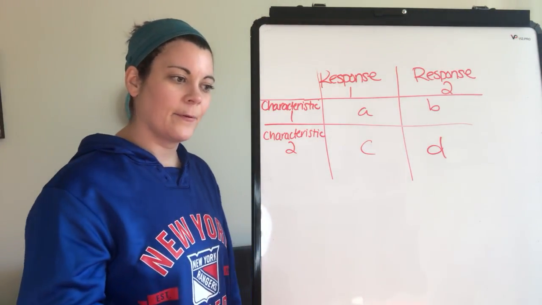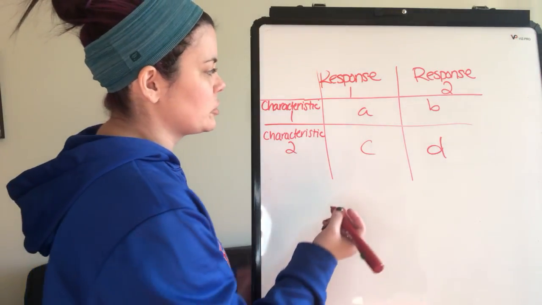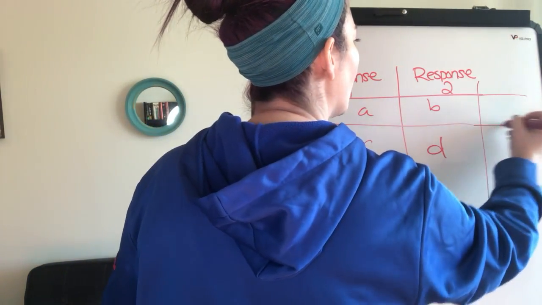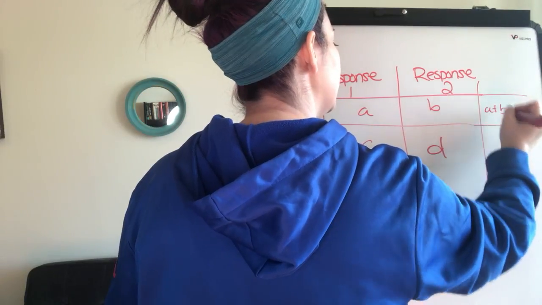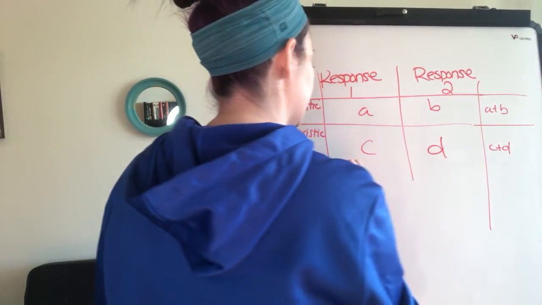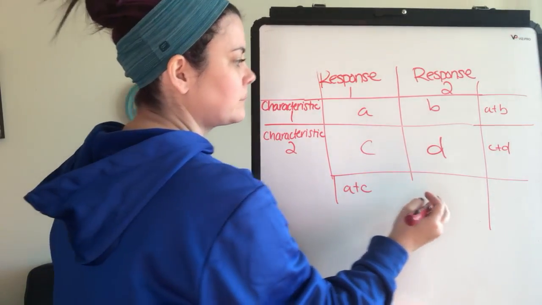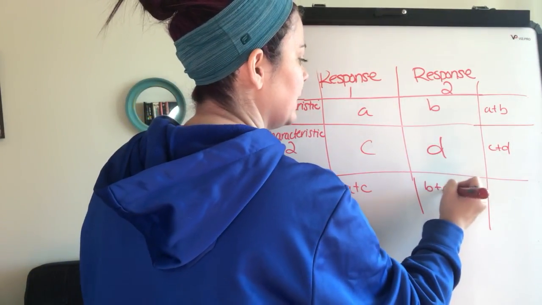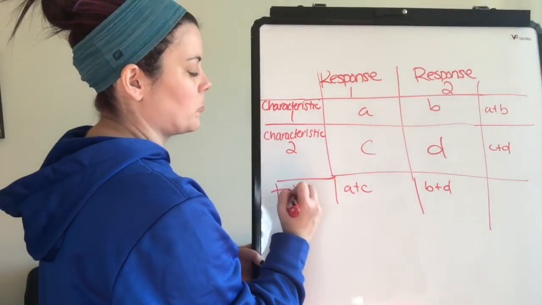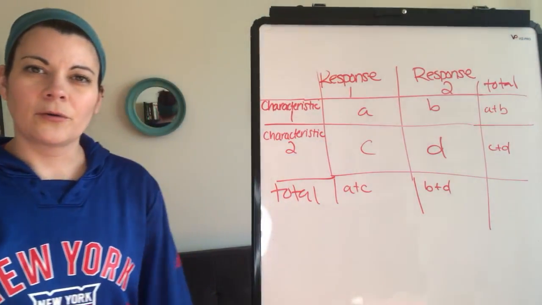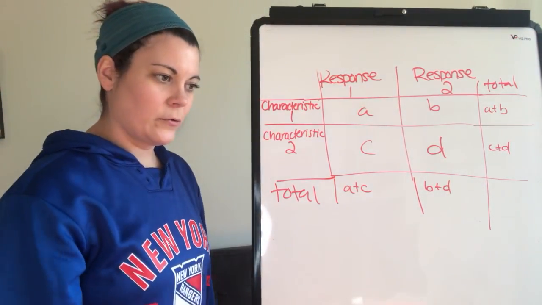For example, for this row it would be A plus B, and this one would be C plus D. Or over here would be A plus C or B plus D. So these would represent the totals, and those are your marginal frequencies.